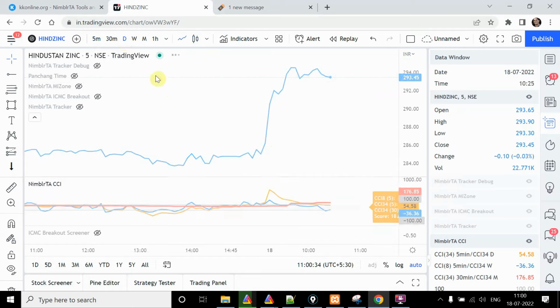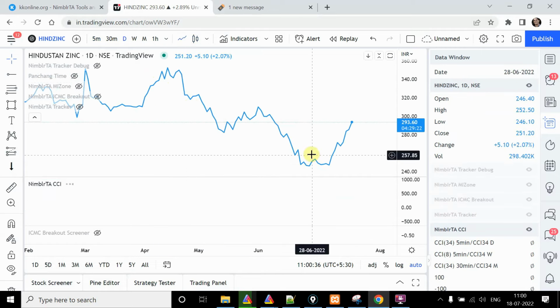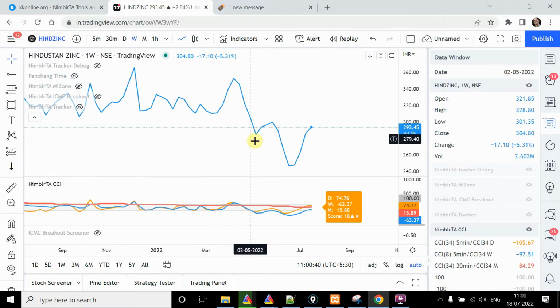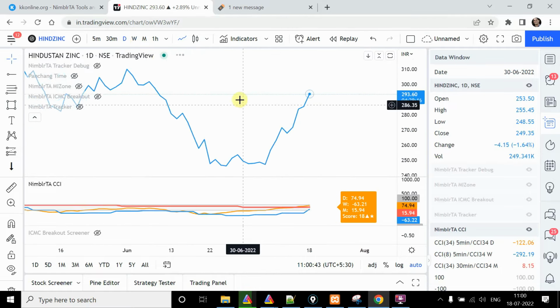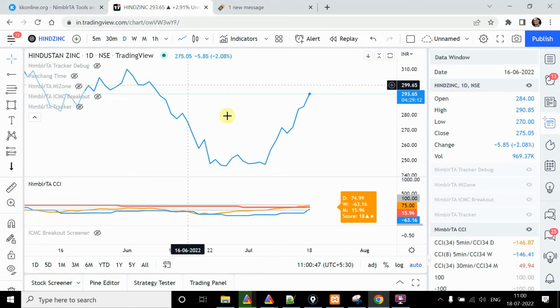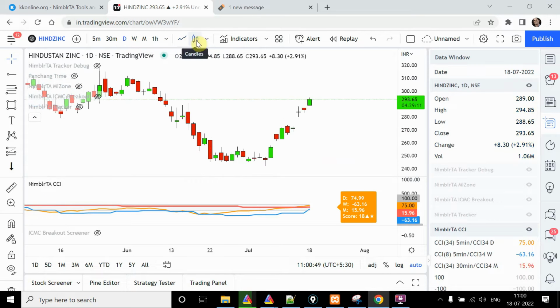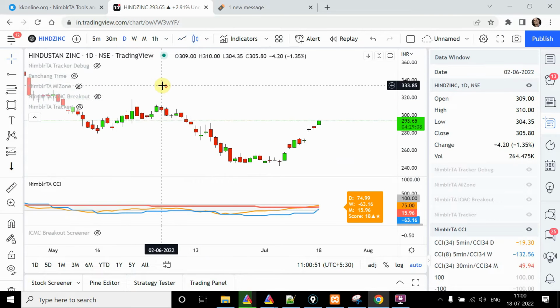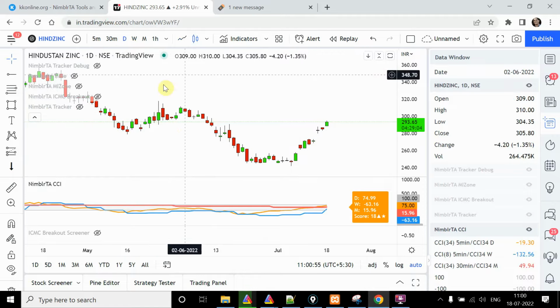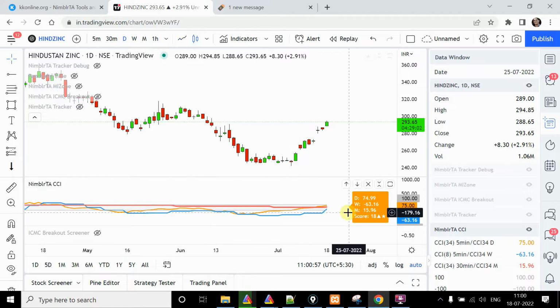If you go on a daily chart, a lower recent low has been created, or even on a weekly, you would see that a recent low has been reached and a new high is being formed. So this would basically mean that the level high over here has been crossed and it is a positional impulse. The score has been increasing and that is why the widget tells you about it.